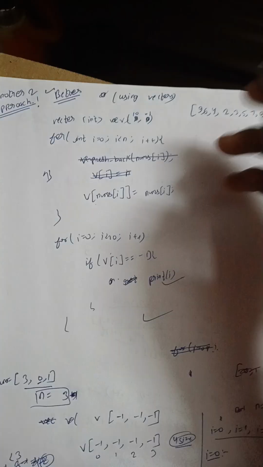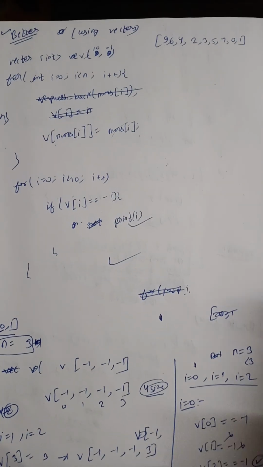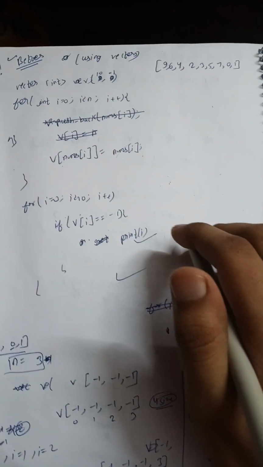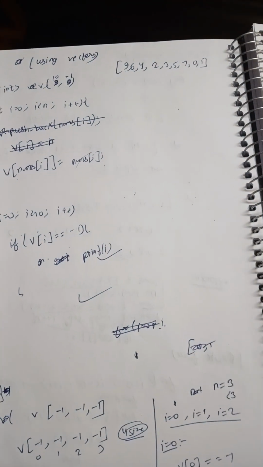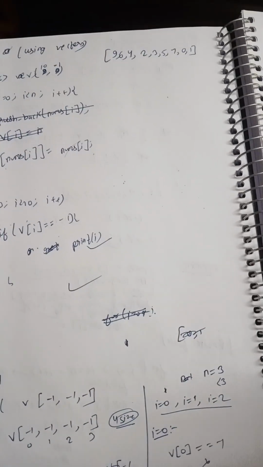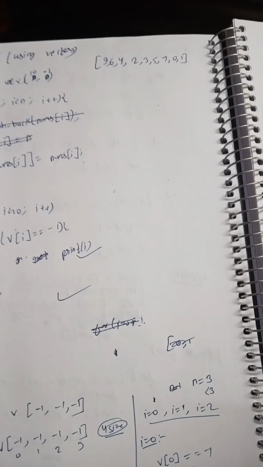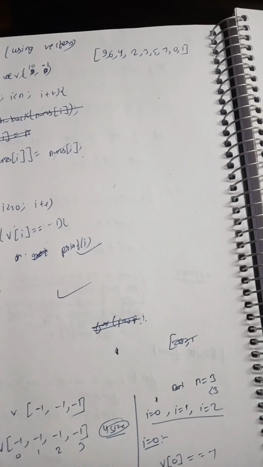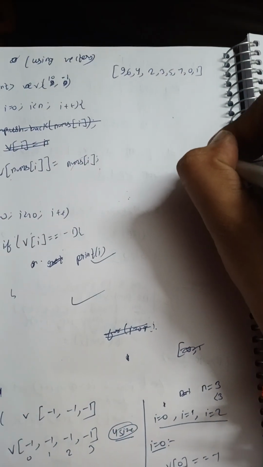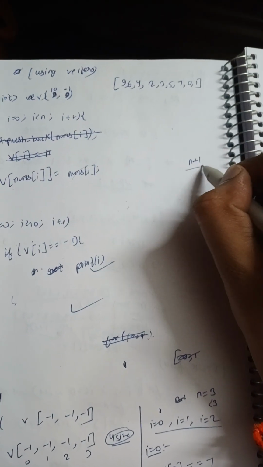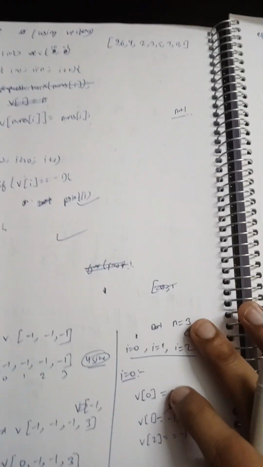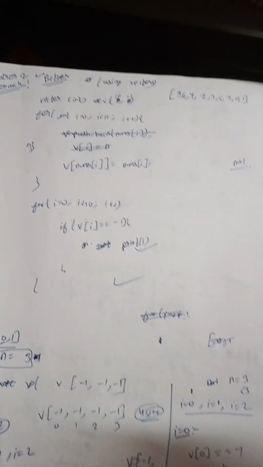So what we will do is find out the size of the vector, then create another vector of that size plus one. If the vector size is n, then we will create another vector of size n plus 1, and store minus 1 in all the terms.